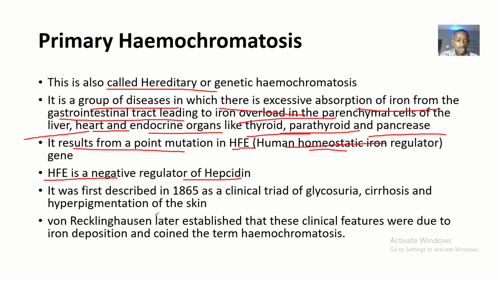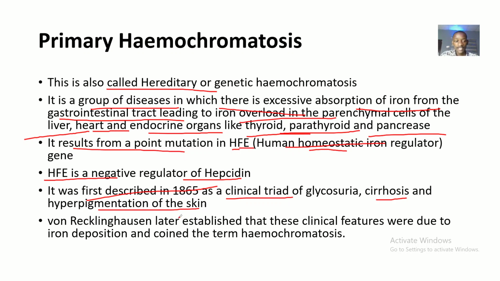Primary hemochromatosis was first described in 1865 as a clinical triad of glycosuria, which is too much glucose in the urine, liver cirrhosis, and hyperpigmentation of the skin, that is, too much color in the skin.